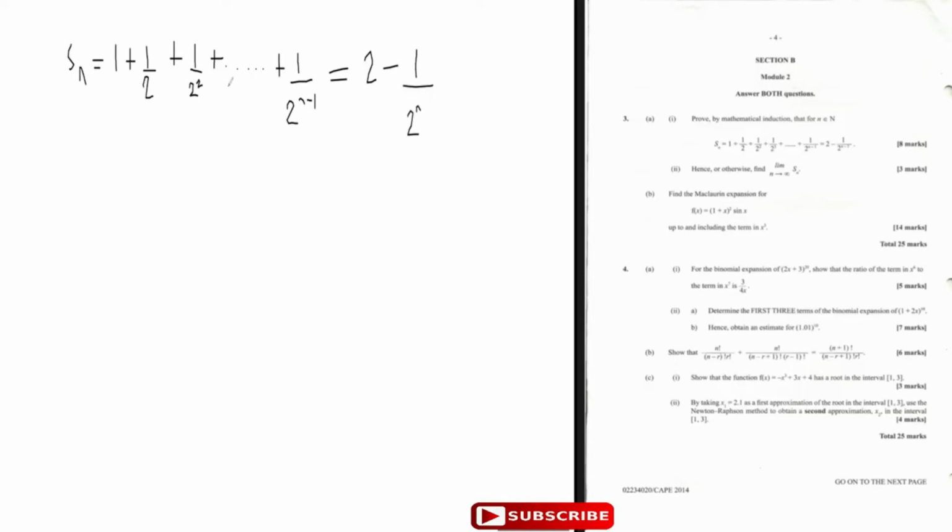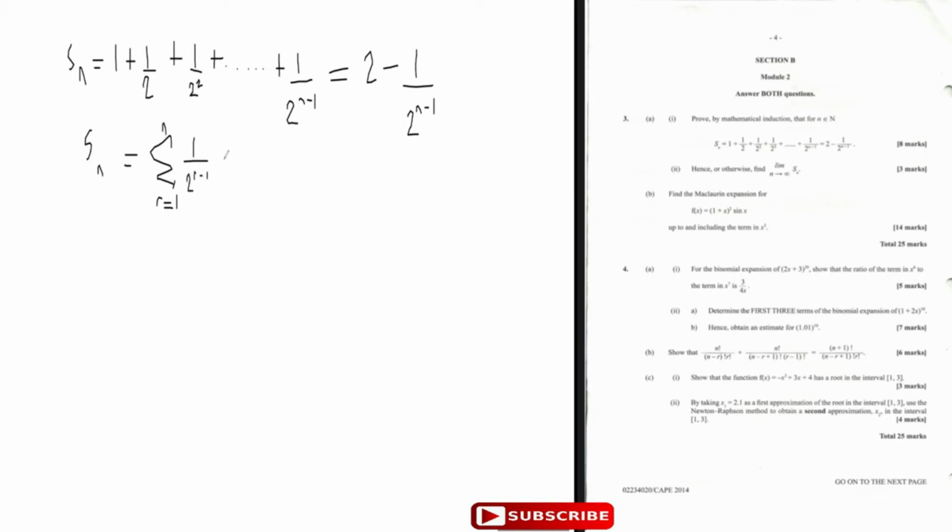All we're required to do is, first and foremost, I'm going to rewrite Sn as the summation from r equals 1 to n of 1 over 2 to the r minus 1.